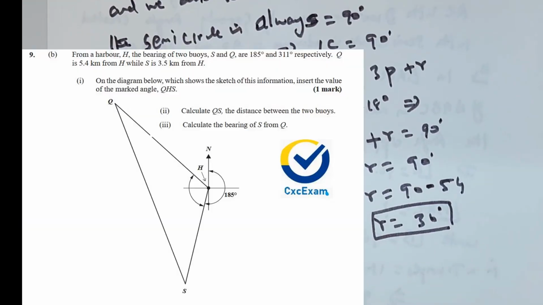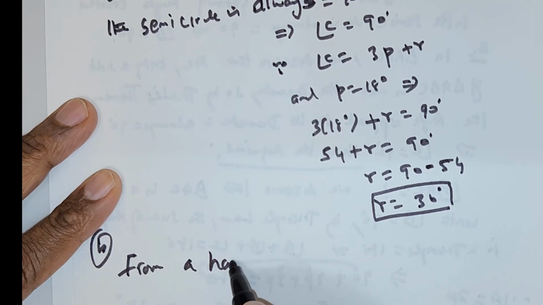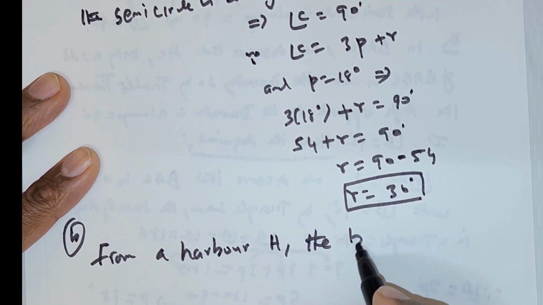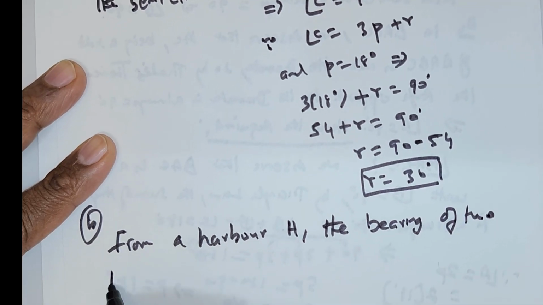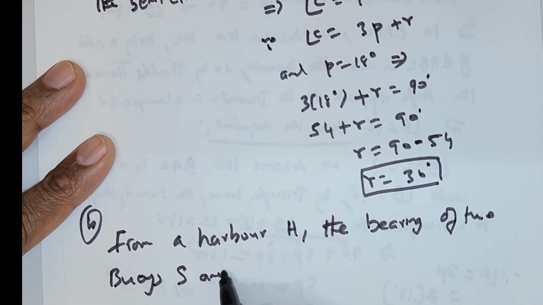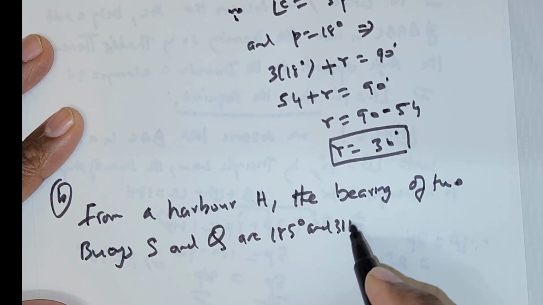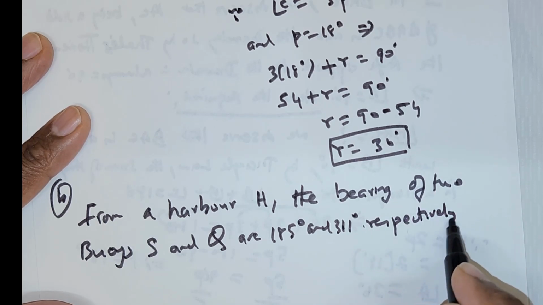Okay, let's move on. So this is the next question. Let me write this down. From a harbor H, the bearing of two buoys S and Q are 185 degrees and 311 degrees respectively.